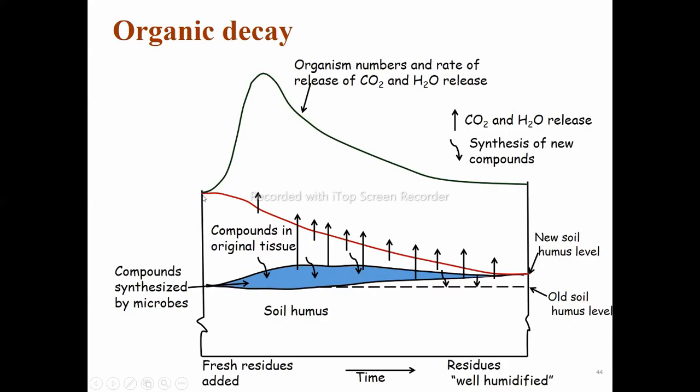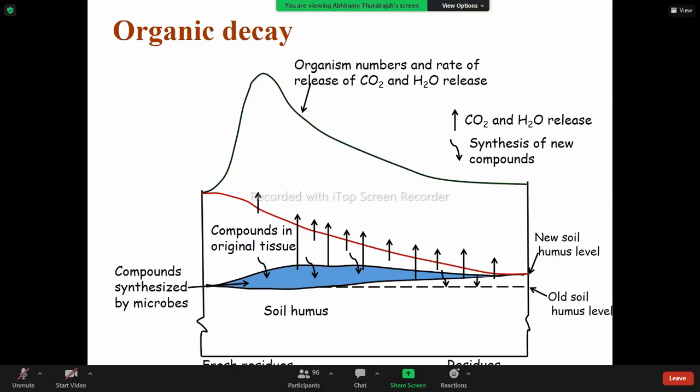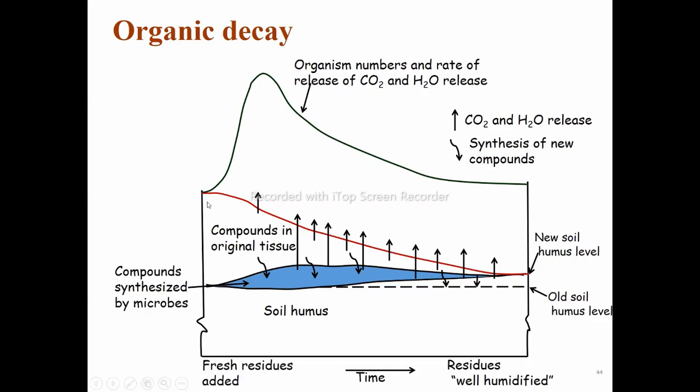What are the easily degradable organic compounds? Sugars, starch, and simple proteins. So when you add the organic residues, some microorganisms consume the sugar, starch, and simple proteins, and they proliferate well, right?